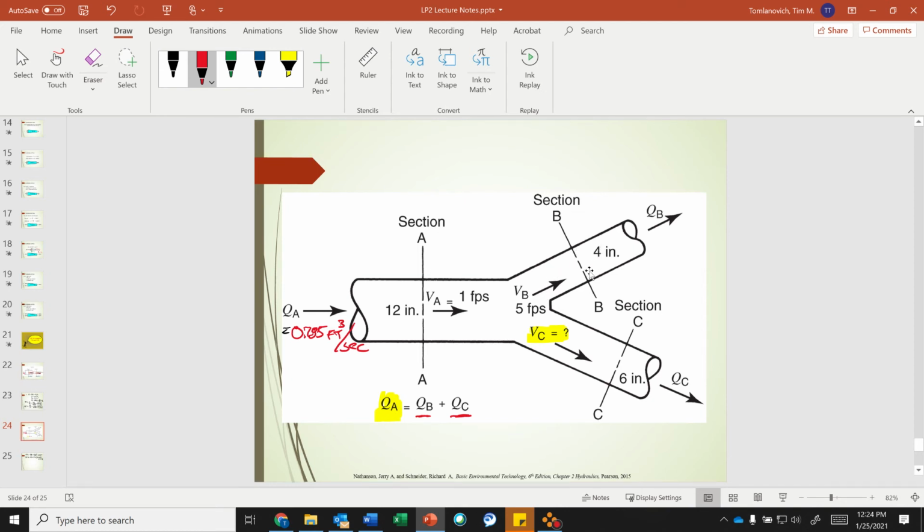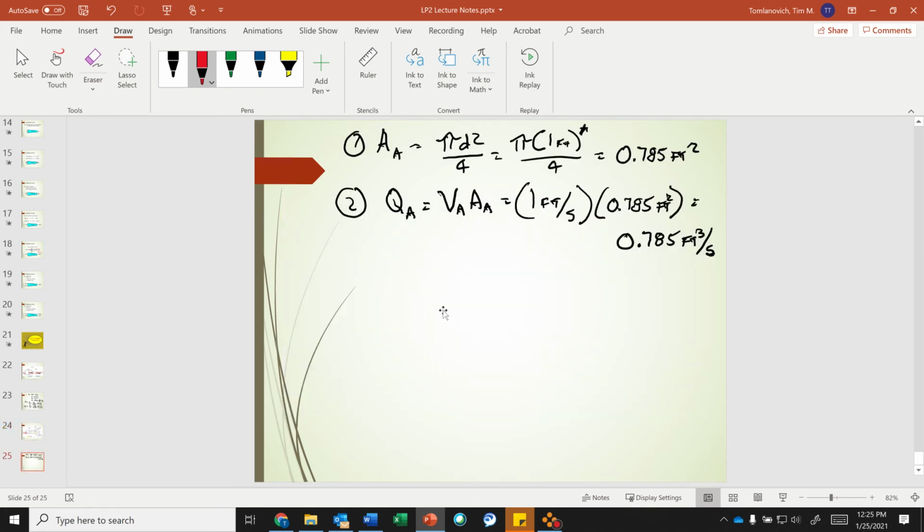Can we back calculate the QB, because we have two of the unknowns? That's what we want to do next. Once we know the Q in pipe B, we can subtract that from the Q in pipe A, and that will give us the Q in C, and then we can figure out our velocity in C. So that's what we're going to do.